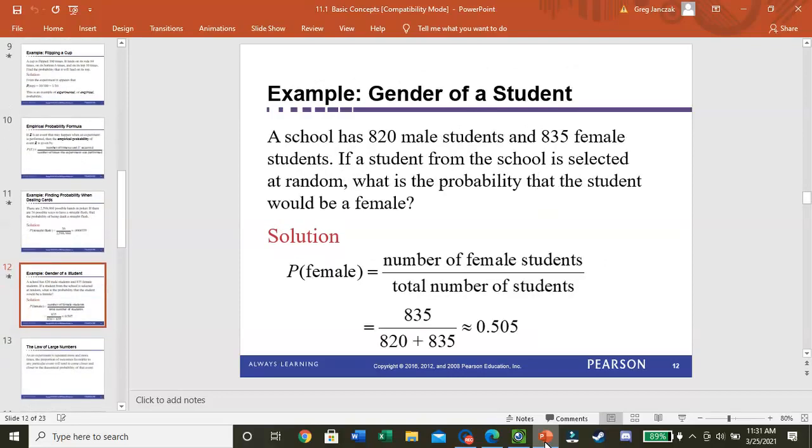Okay, a school has 820 male students and 835 female. If a student from the school is selected at random, what's the probability that it will be a female?